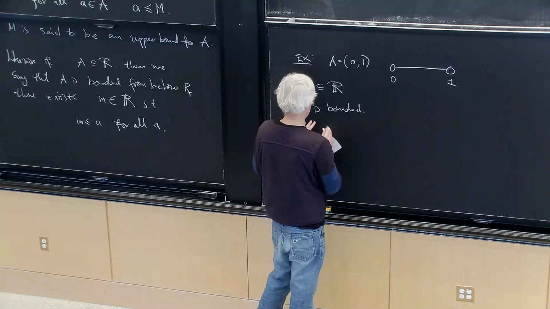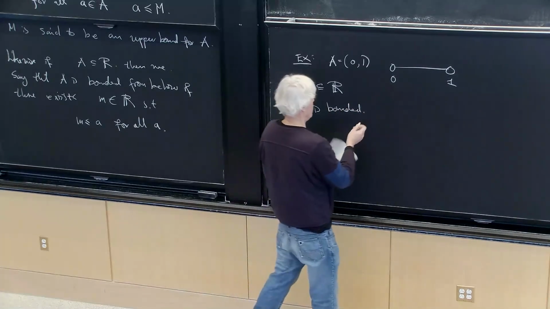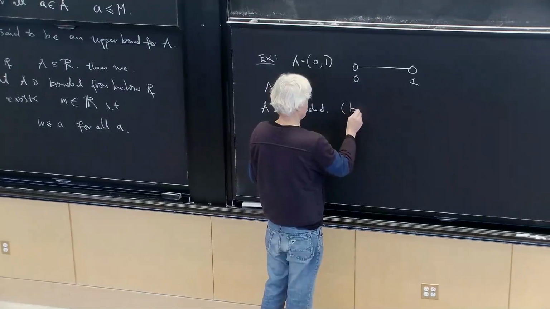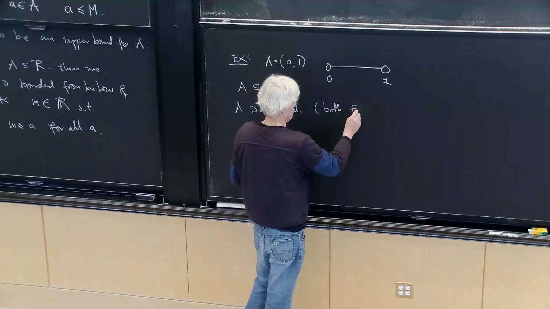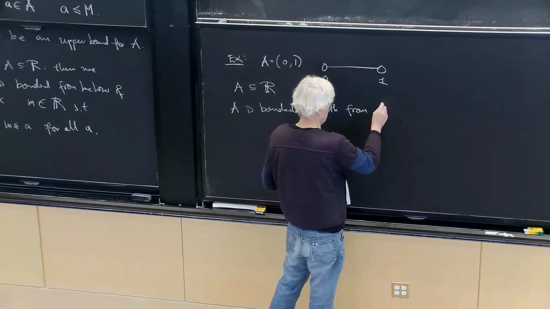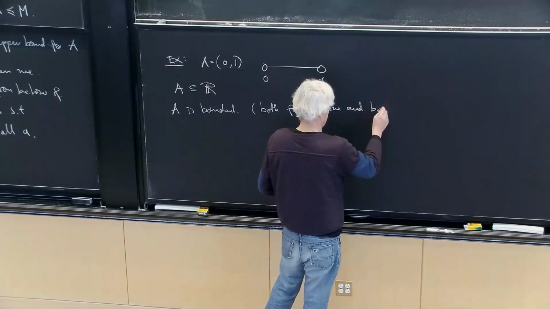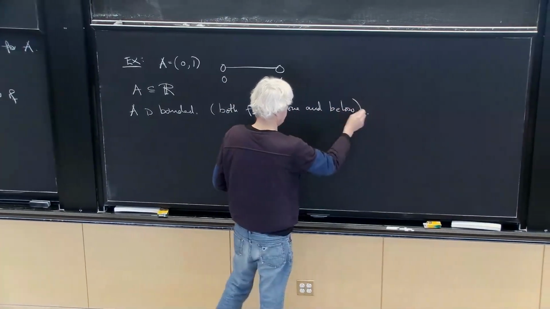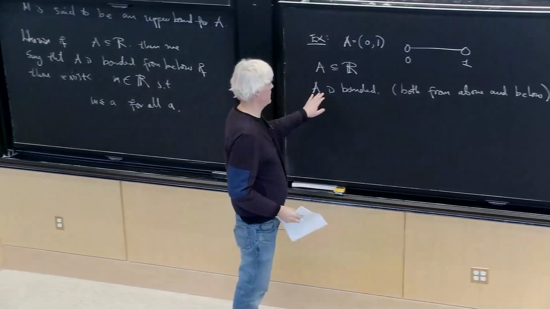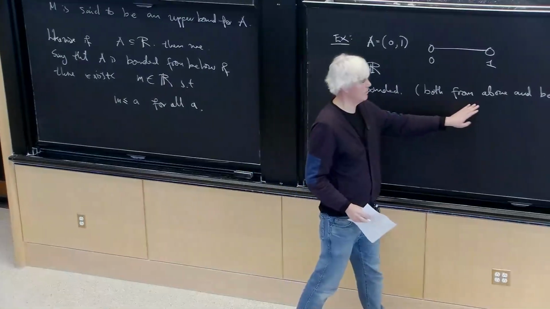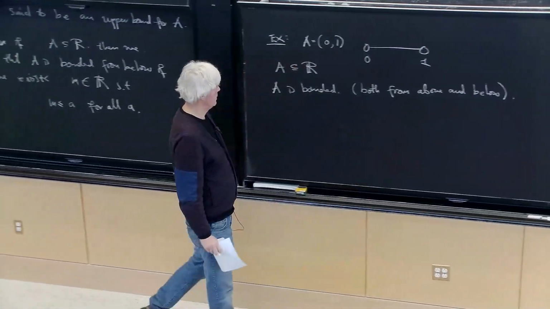And so one usually says it's bounded if it's bounded both from above and below. Right, so if one just says that it's bounded, then one means that it's bounded from above and below.